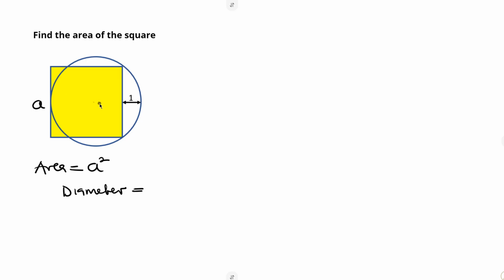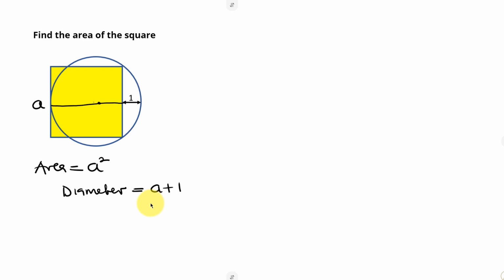Let's say this is the center. So we draw. Good. And we know that from here to here is A. That is one side of the square. So that means the diameter should be A plus 1. So A plus 1 is the diameter of the circle.